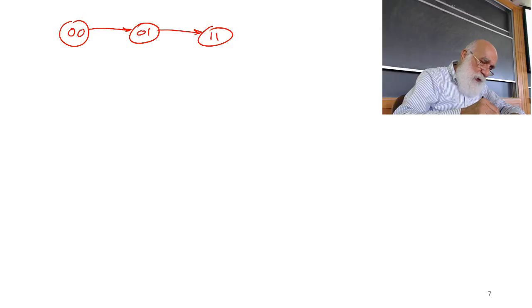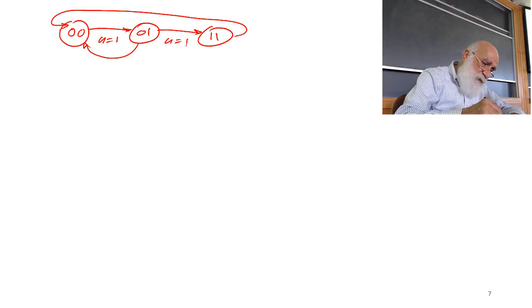The counter I want to build this time is a small one, a 2-bit counter. It goes from 0, 0 to 0, 1, then goes to 1, 1, and then goes back to 0, 0. If up is 1, this is the direction it goes. If up is 0, it goes the opposite direction.